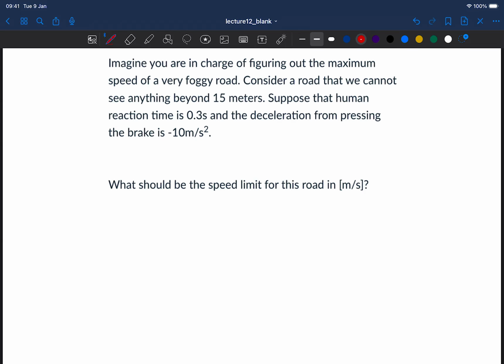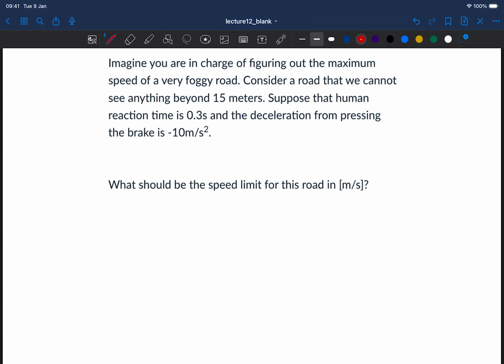Okay, so imagine that you're in charge of figuring out the maximum speed of a very foggy road. Consider a road where we cannot see anything beyond 15 meters. And we have reaction time of 0.3 seconds, which is standard reaction time.